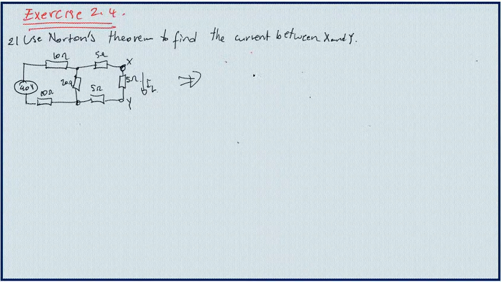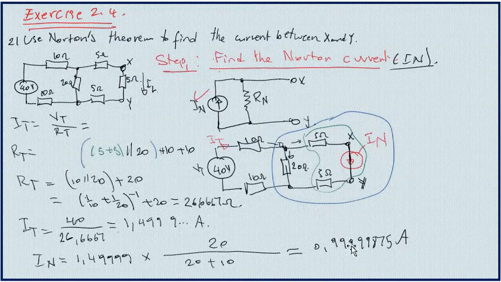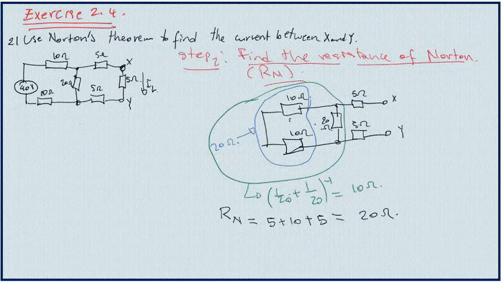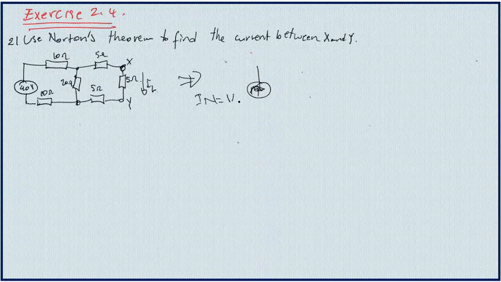So this circuit is simplified too. We know the Norton current already. From the previous slide, I have my IN, which is 0.9999, very close to 1. So I will just say IN is equal to 1 amp.